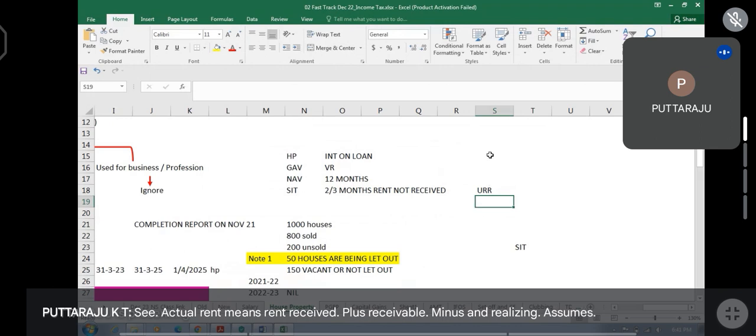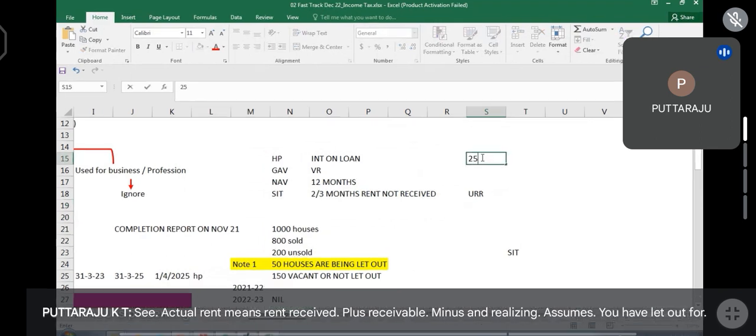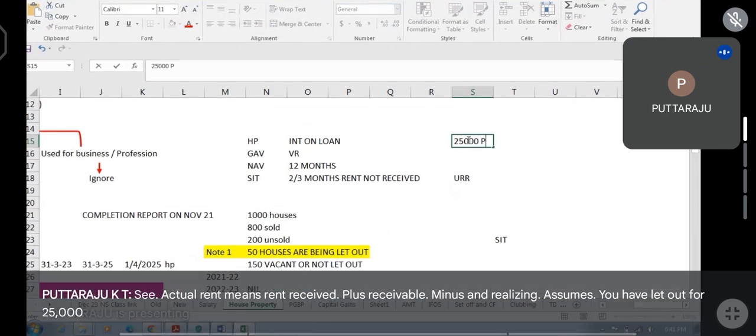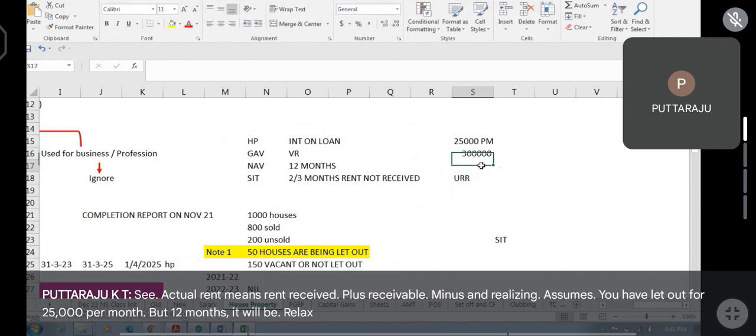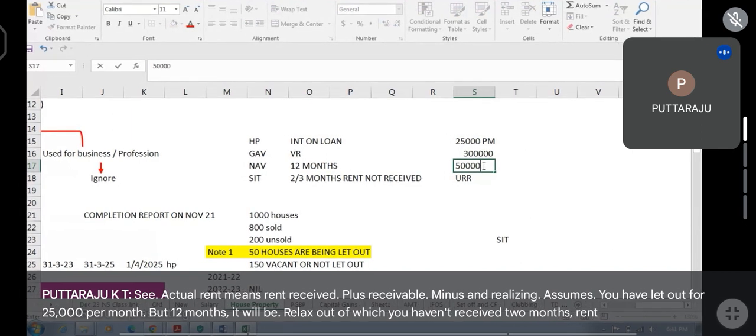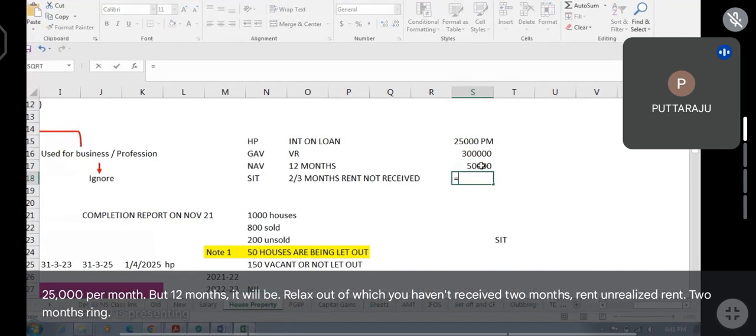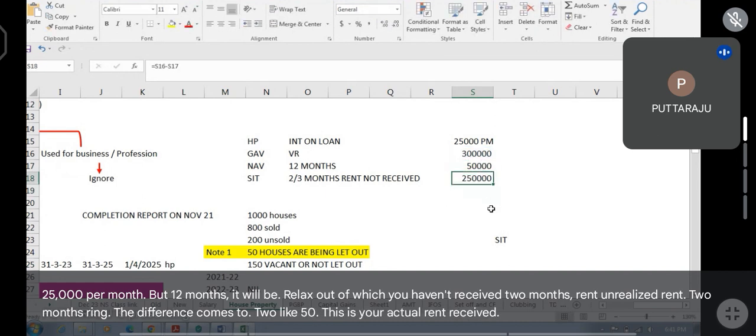Assume you have let out for 25,000 per month. For 12 months, it will be 3 lakhs. Out of which you haven't received 2 months' rent, unrealized rent. The difference comes to 2 lakh 50,000. This is your actual rent received. This 50,000 is unrealized rent.